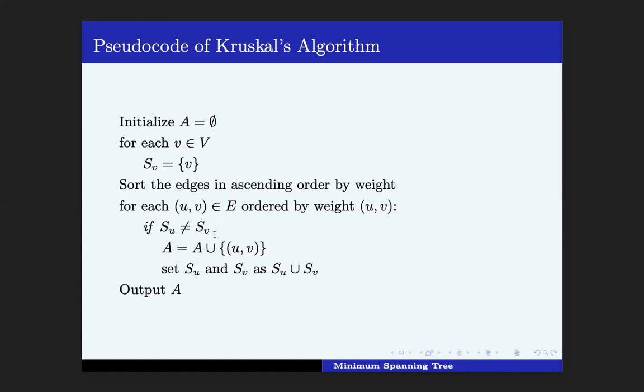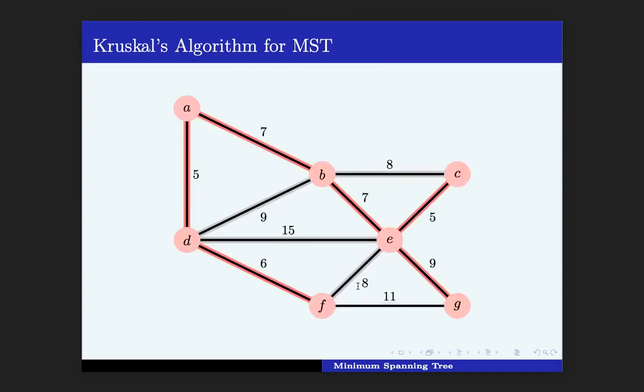Basically, I want to pick an edge in ascending order, then see if that edge produces a cycle or not. If it produces a cycle, I will not take it, and if it doesn't produce a cycle, I will keep it. Is this algorithm clear?